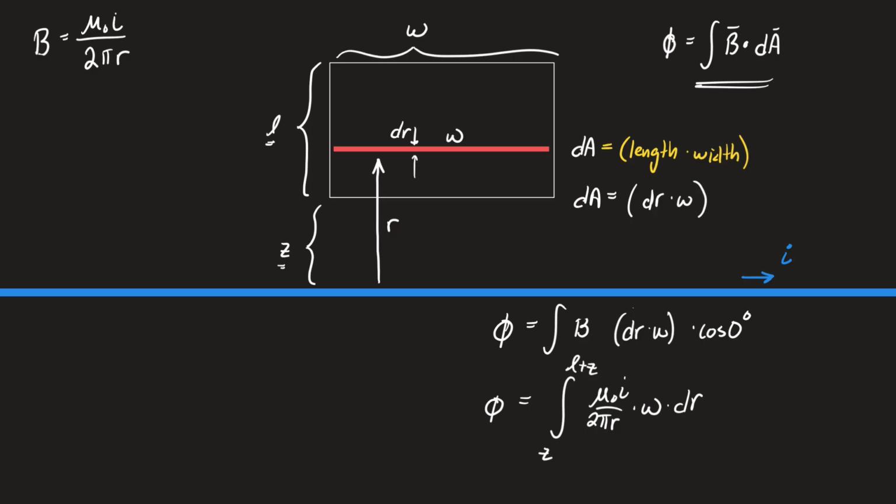Where's the first rectangle and where's the last rectangle? Any questions about those choices?